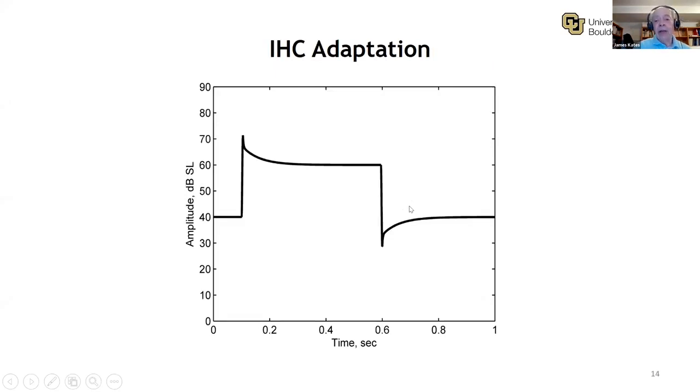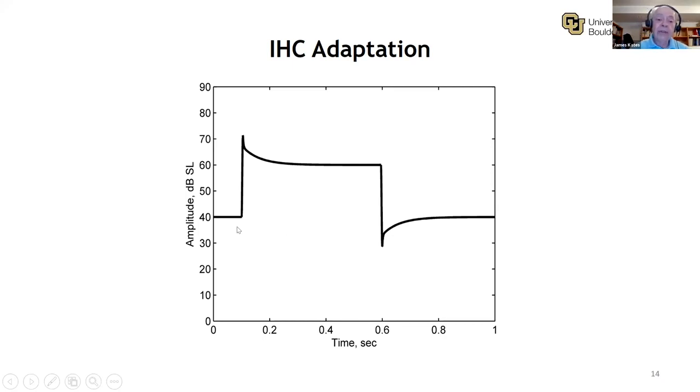With the inner hair cells, we're now converting mechanical motion into neural firing spikes. The dominant effect here is that at the very onset of a sound, we get a lot of neural firing, and then the firing rate slows down as that sound continues.